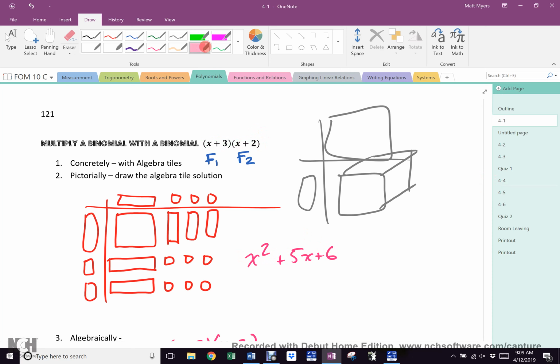Do you see any commonalities or any patterns between 3 and 2 anywhere in this answer? 3 times 2 is 6. That was 3 times 2. And that is 3 plus 2. Everybody see that?